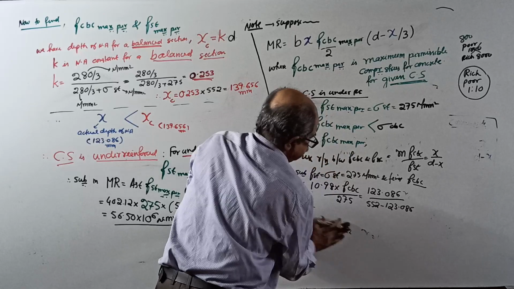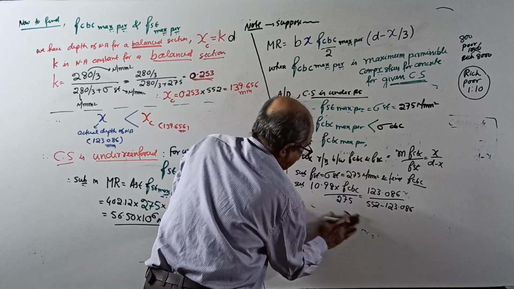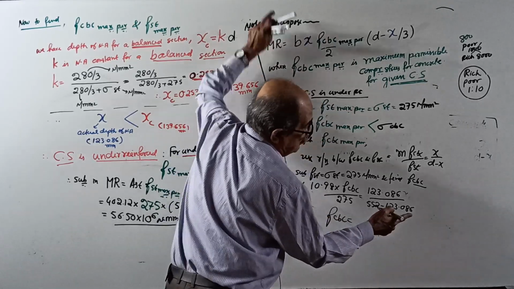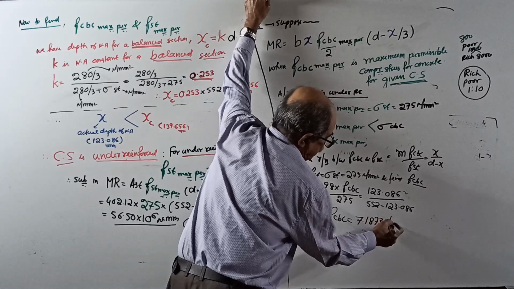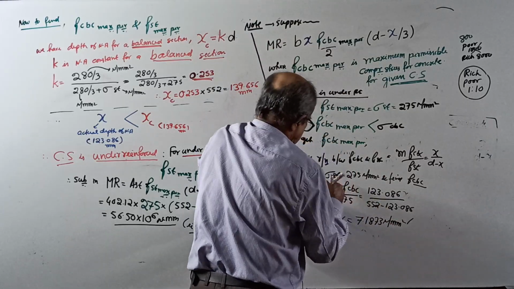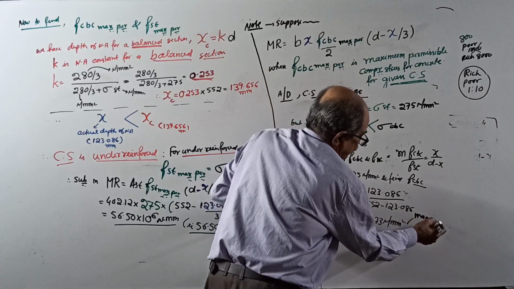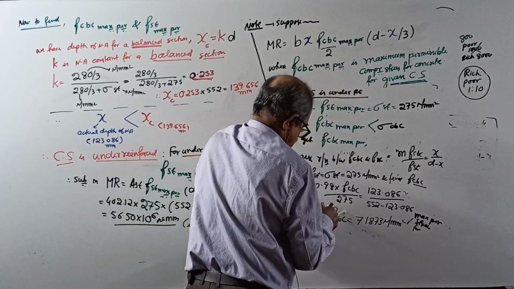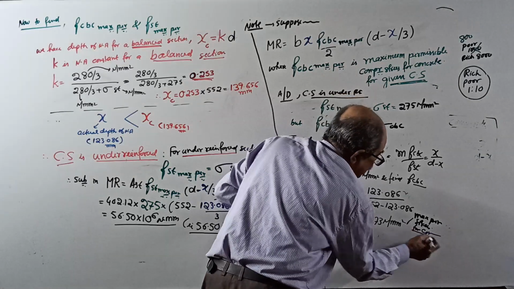You will get FCBC equal to 7.1873 Newton per mm square. That is the maximum permissible compressive stress for concrete for the given cross section.